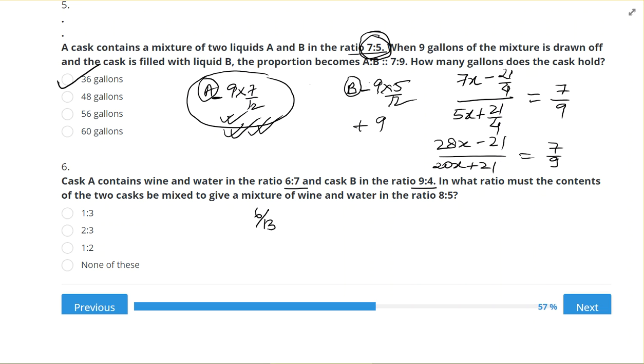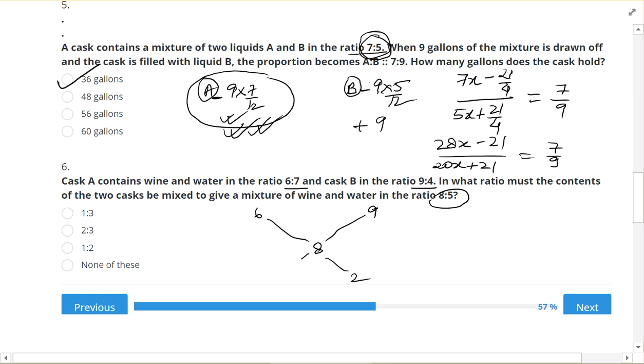So wine is 6 upon 13 in the first one, and in the second one, wine is 9 upon 13. And in the mixture it is 8 upon 13. So all the denominators are the same, so you can erase the denominators. Now it is 2 and it is 1, so 1 is to 2. That's it.